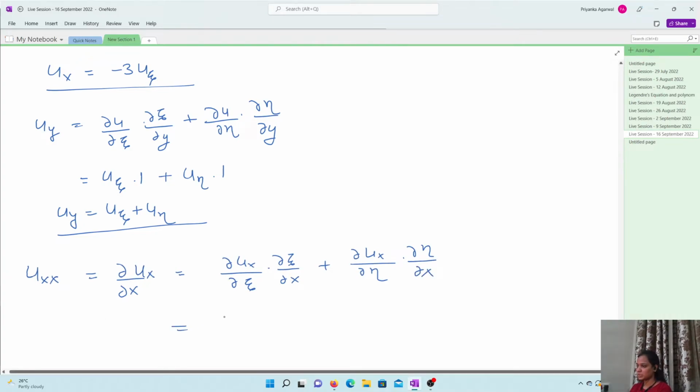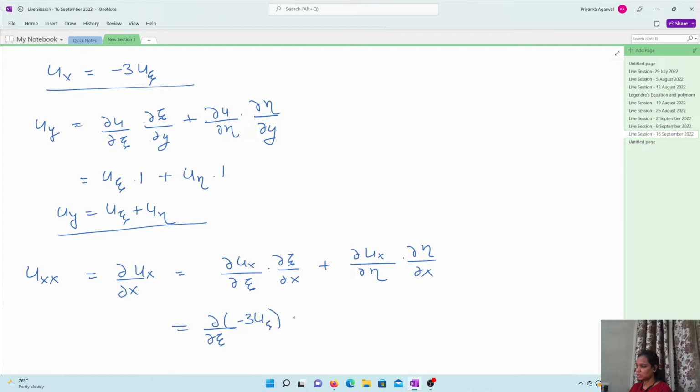What will this become then? Del by del xi of minus 3 u xi into del xi by del x.